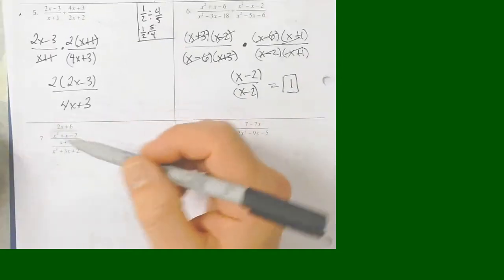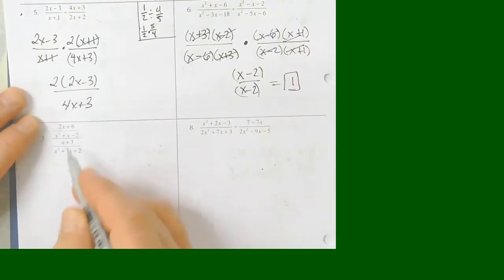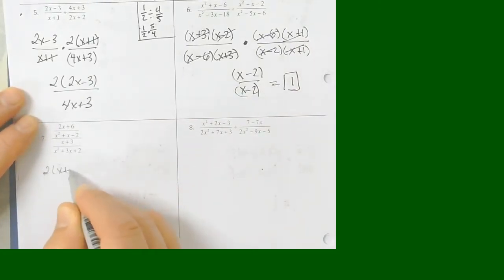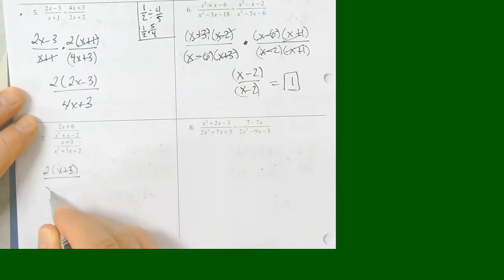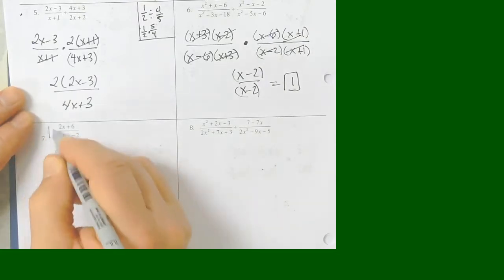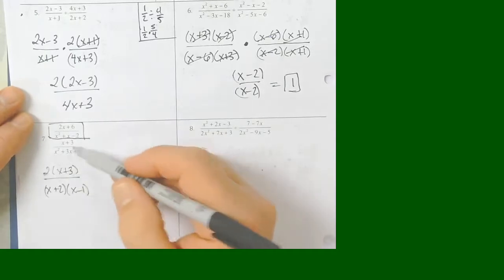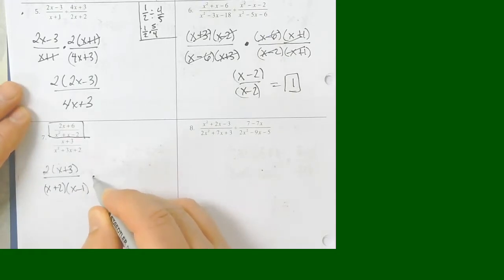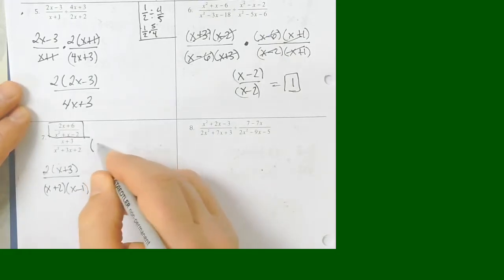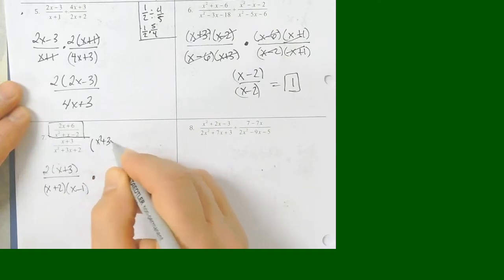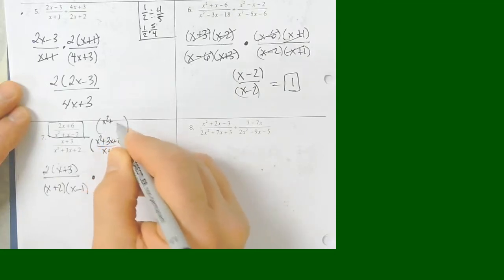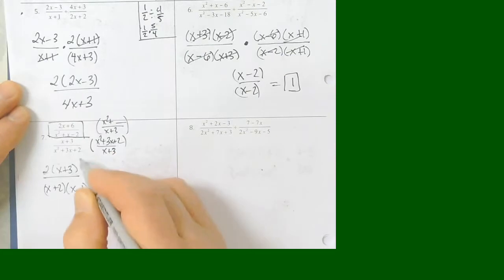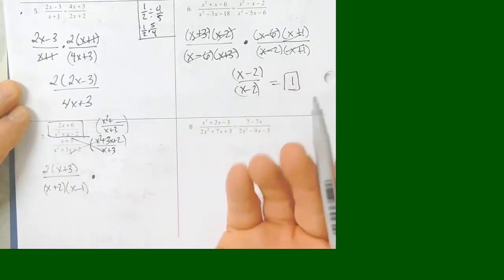If you look here, we've got division. We've got 2 times x plus 3 divided by x plus 2 times x minus 1 from our numerator. We are dividing by x plus 3 over x squared plus 3x plus 2. We will flip that over and multiply. It's like multiplying by the reciprocal, right? If I do that on the top and on the bottom, that cancels my numerator out and it gives me just one fraction, right?